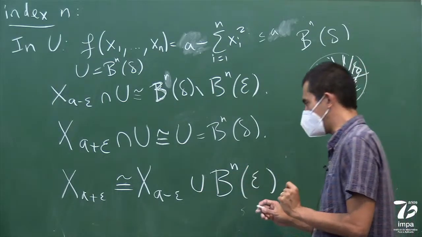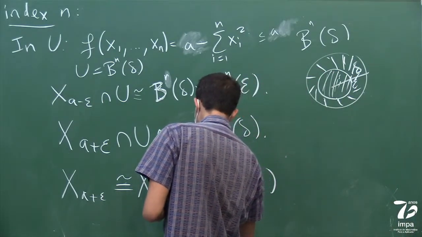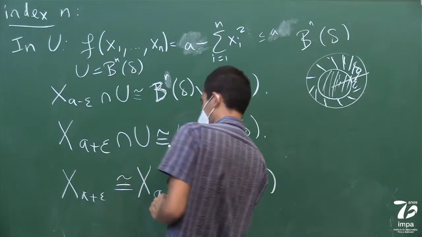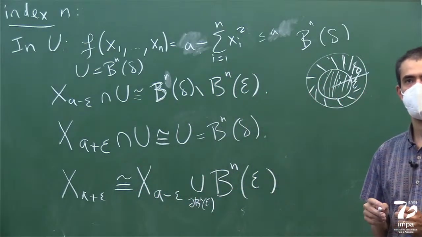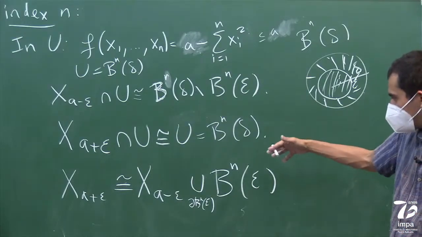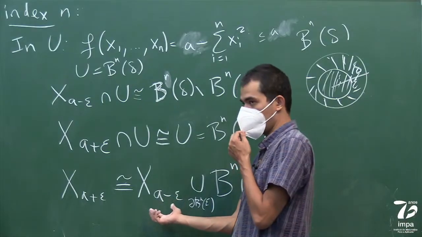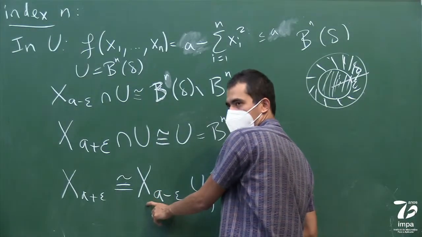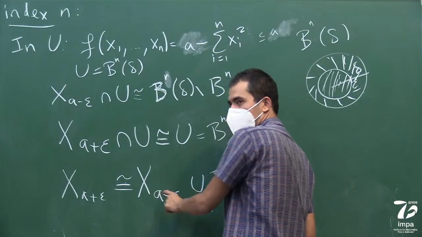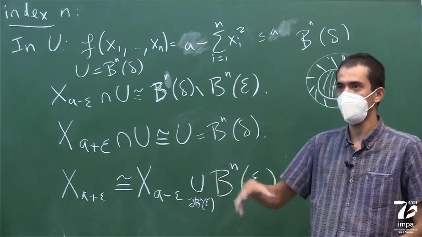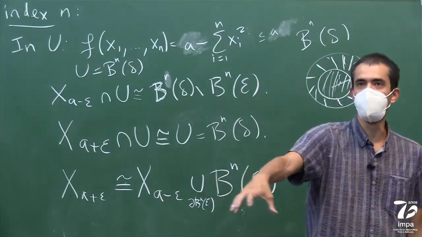It's actually a union along the boundary of this ball. So I'm gluing this ball and closing something up. There exists some sphere here, some S^(n-1), that's waiting for my capping ball. So that's waiting for a ball to, boom, cap that.